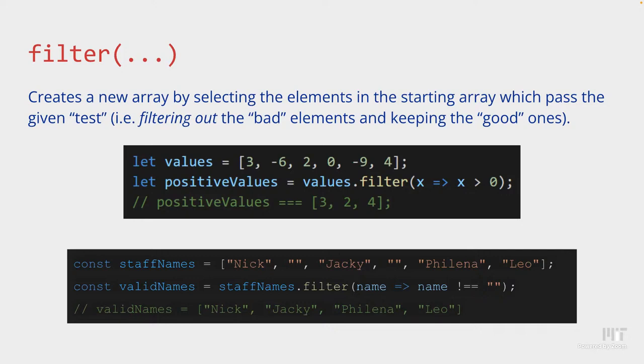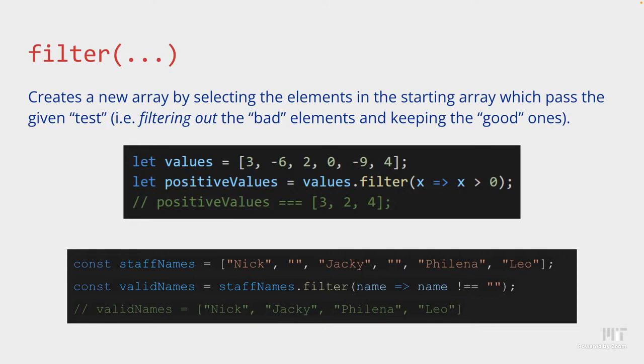So in the first case, you're going through values and you're only keeping those that have value greater than 0. And so that's how you can read that line. So positive values will be equal to only 3, 2, and 4, which are the only positive values of the values array.